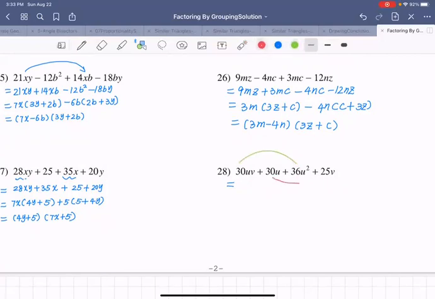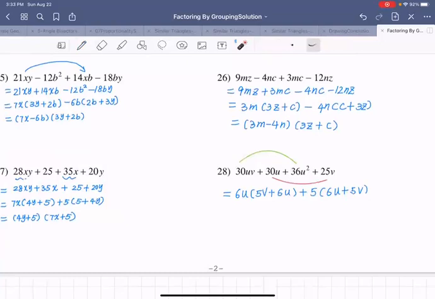6u. So it becomes 6u times 5v, plus 6u, there you go, plus 5, and then 6u plus 5v.